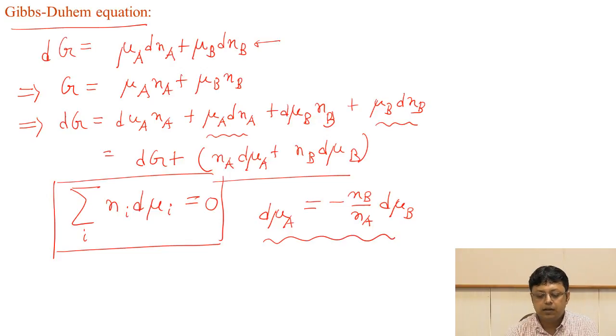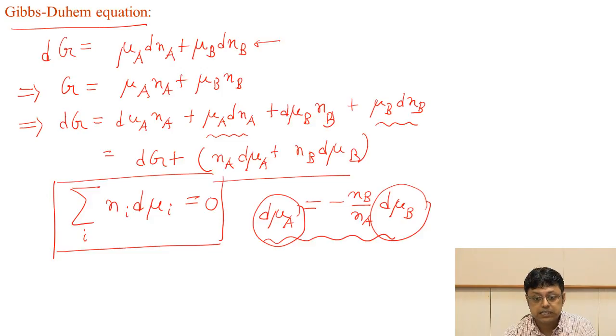What it tells us is that if I want to change the chemical potential of one component, I cannot change it independently of the chemical potential of the other component because they are related.